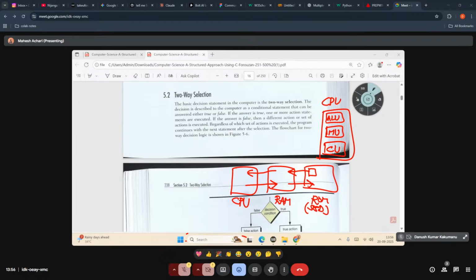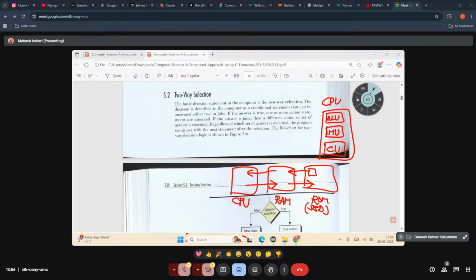Same as the human brain, which also contains a processing unit, a memory unit, and a control unit. When it comes to memory, we say short-term memory and long-term memory. We process the information we have stored in our memory whenever there is a question or query.